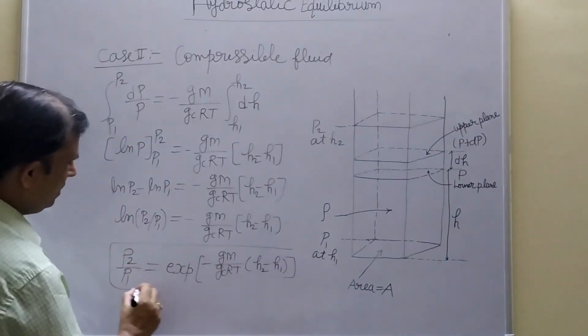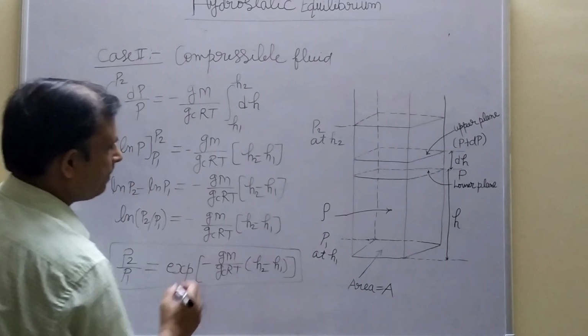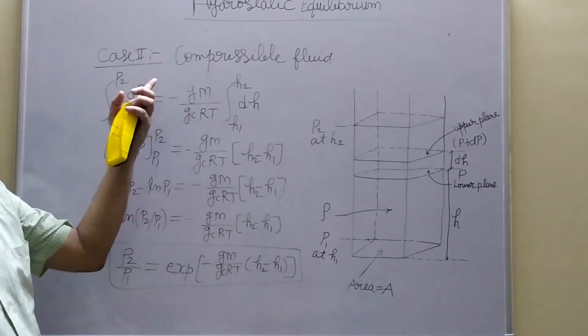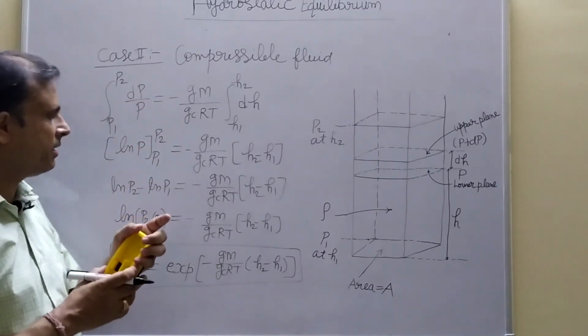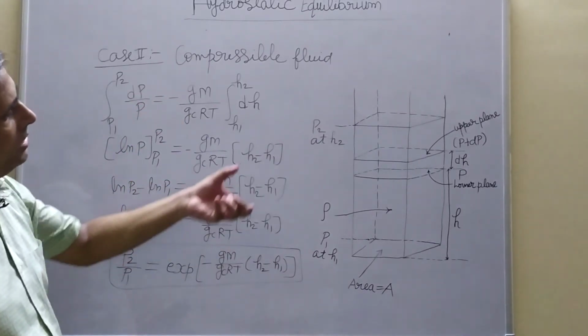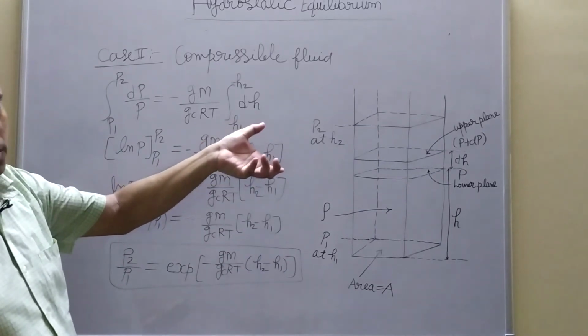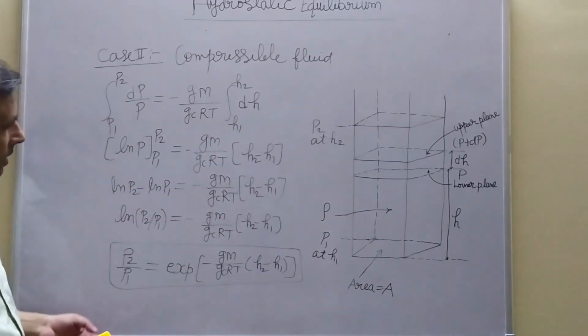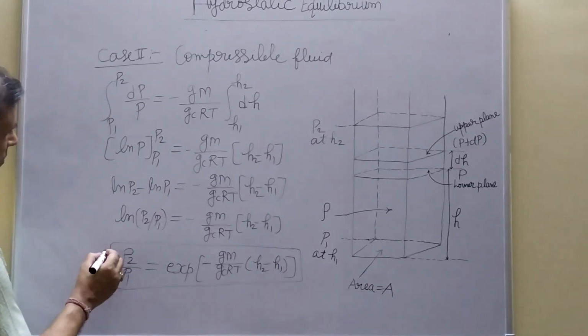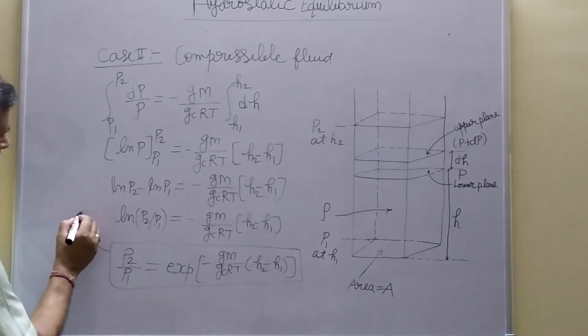So this is the final equation for the compressible case. When the fluid is compressible, we get this pressure distribution equation for a static fluid column, and this equation is also known as the barometric equation.